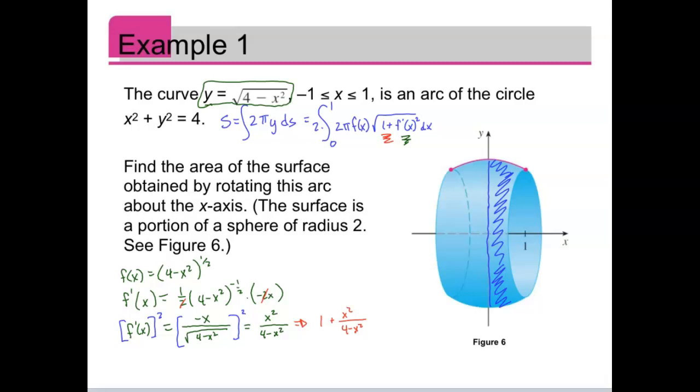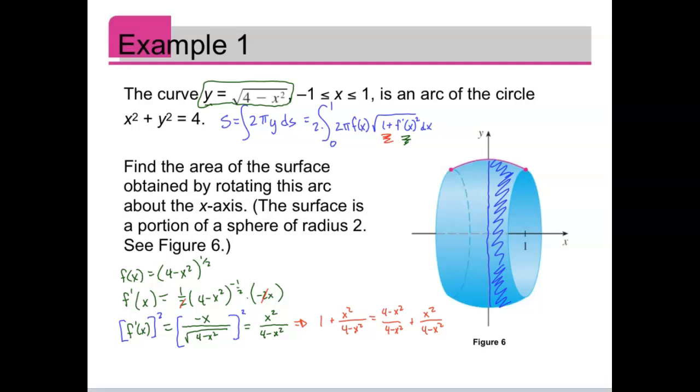Let's combine those to make one fraction. So I'm going to change the 1 to be just 4 minus x squared over 4 minus x squared. And then I'll have plus x squared over 4 minus x squared.